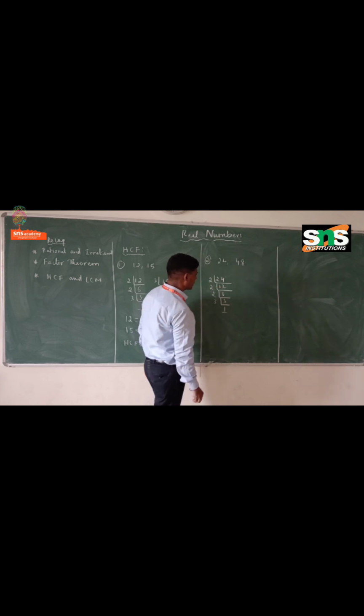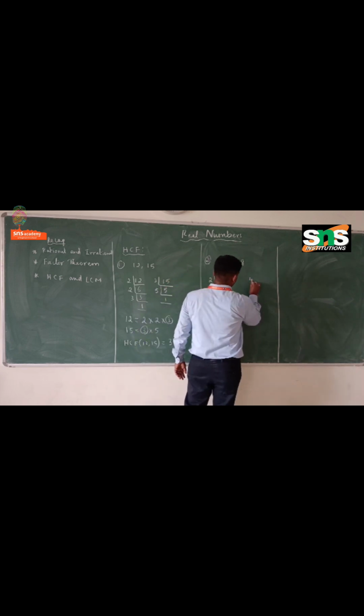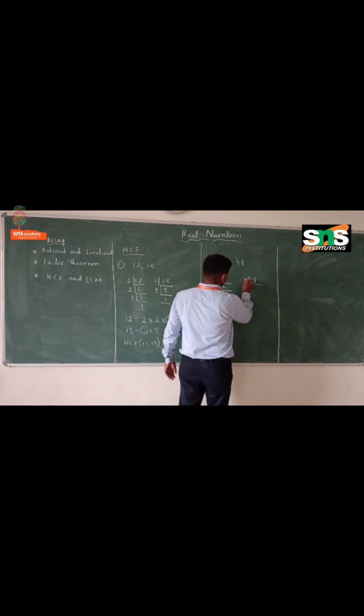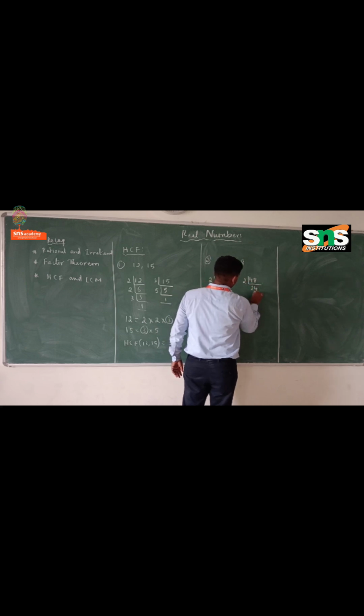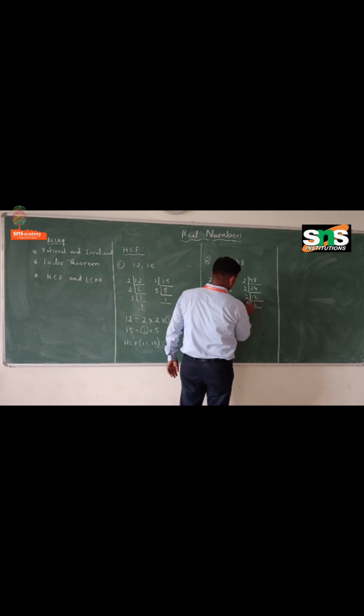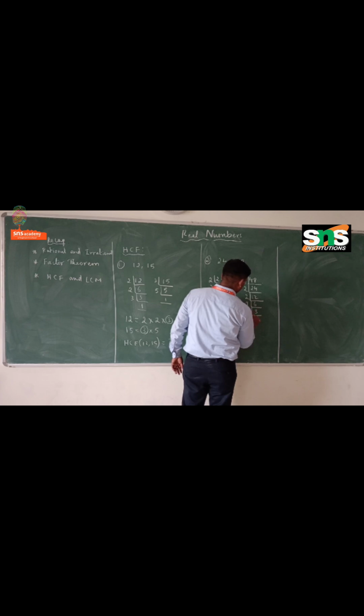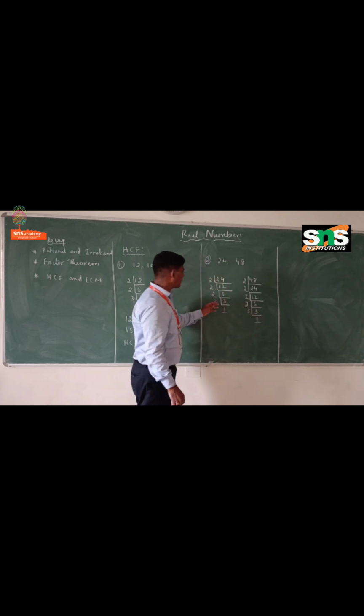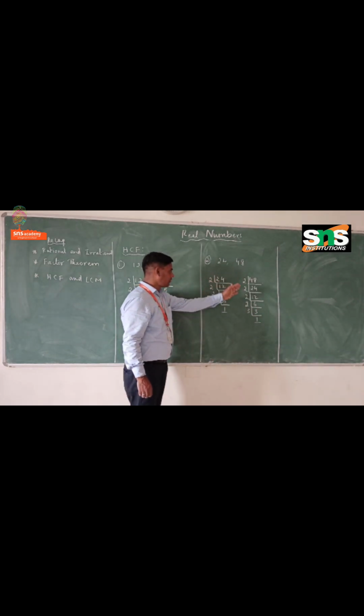For 48, the 2 table comes 24, again 2 table 12, again 2 table 6, again 2 table 3, and the 3 table 1. These are the factors for 24 and 48.